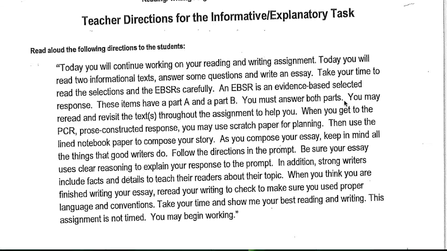When you think you are finished writing your essay, reread your writing to make sure you use proper language and conventions. Take your time and show me your best reading and writing. This assignment is not timed. You may begin working.